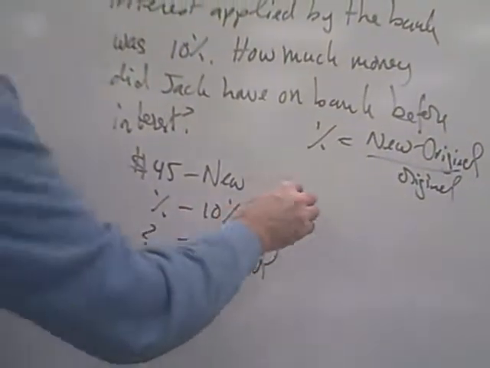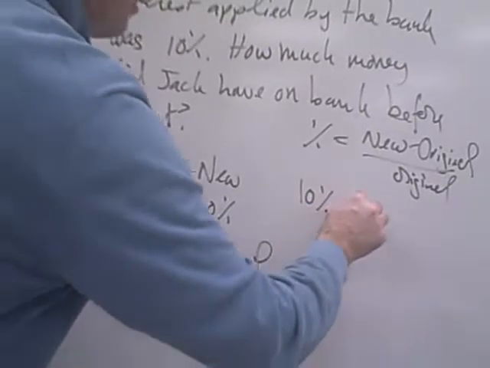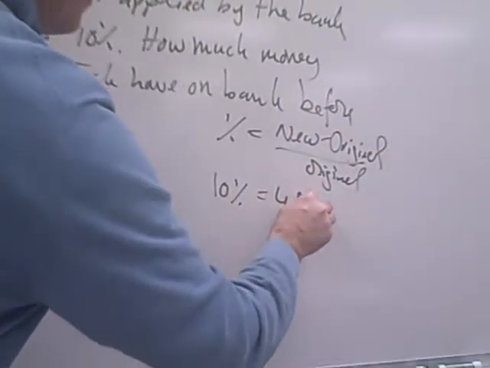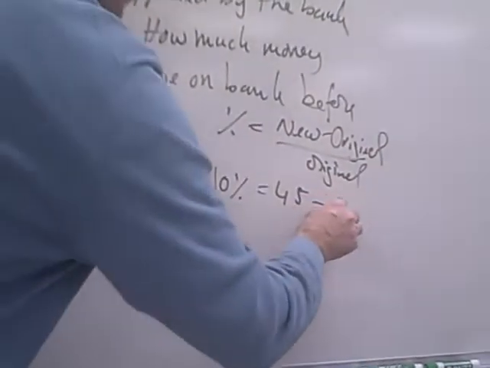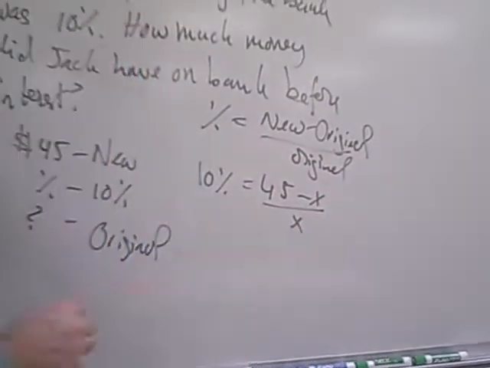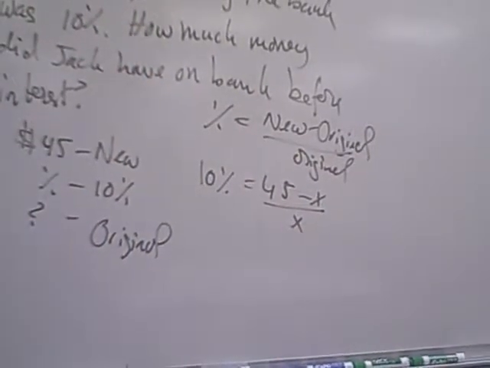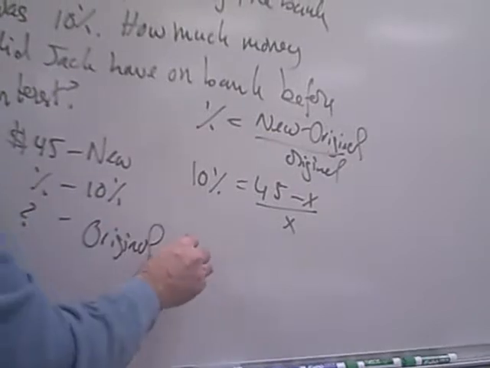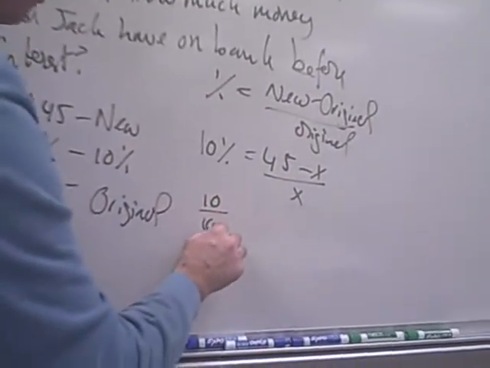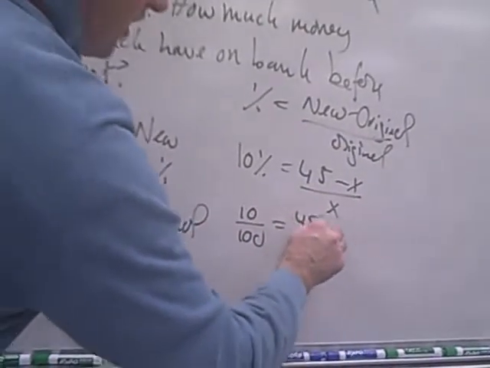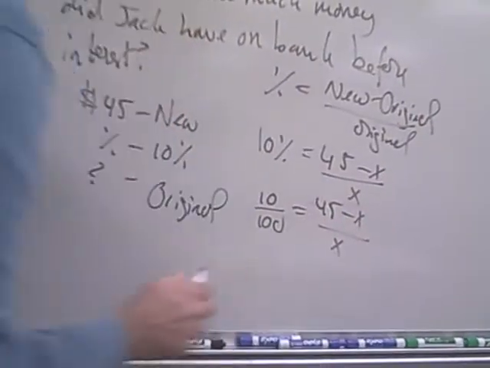In this case, we know the percent, 10%, and the new is 45. Since we don't know the original, we write x as our variable over x. And now we have to cross multiply. We write 10% as a fraction. 10 over 100 is 45 minus x over x.